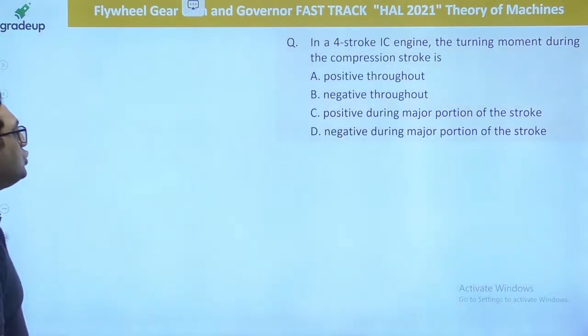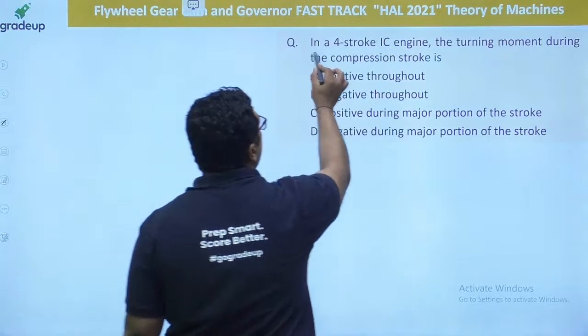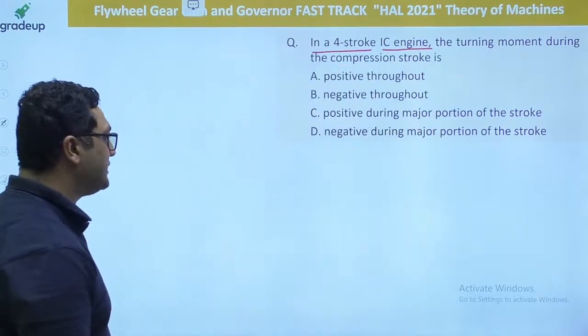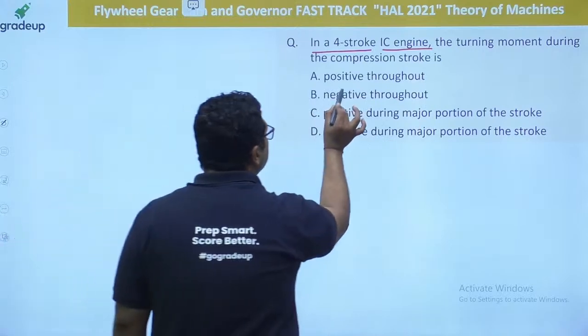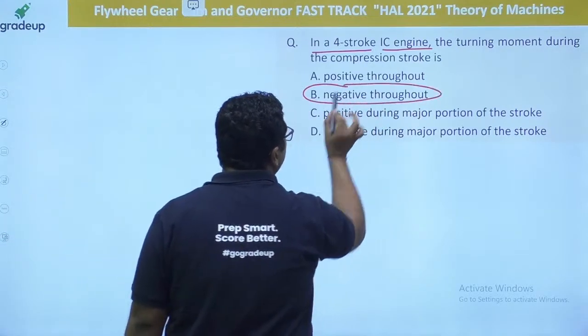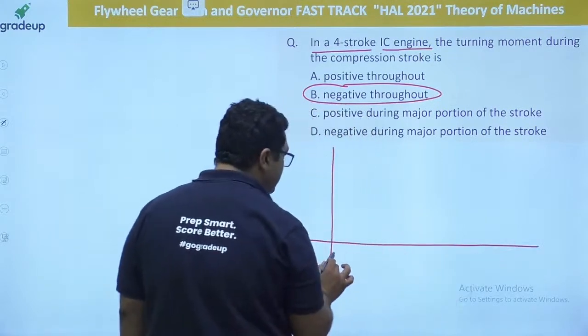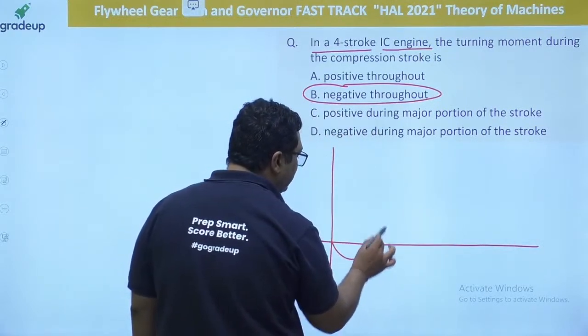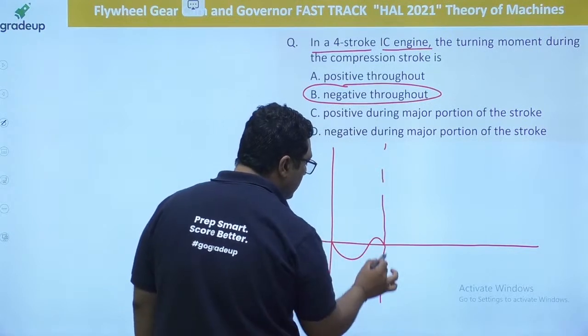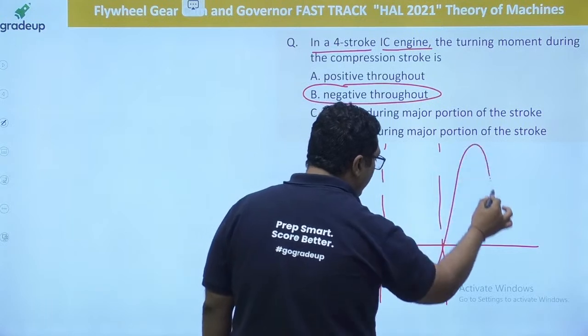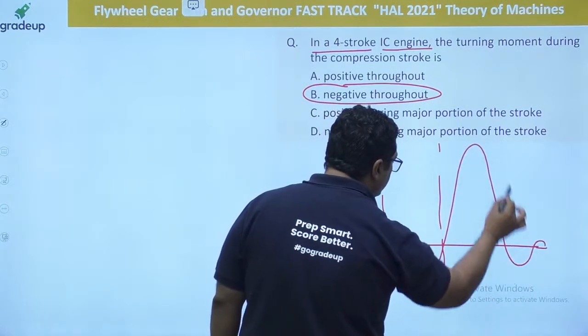Wonderful, guys. So here it is mentioned that in a 4-stroke IC engine, the turning moment during the compression stroke is... So in the compression stroke it is going to be negative throughout, because when you make the curve for a 4-stroke IC engine, it is going to be like this. This one is for suction, this one is for compression, this one is for power, and this one is for exhaust.